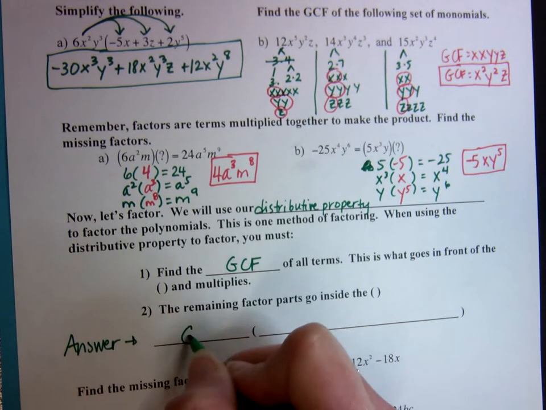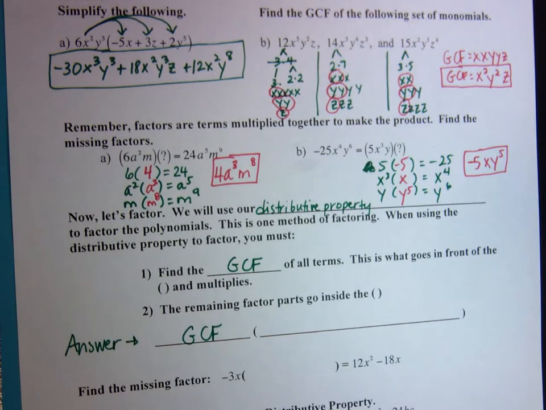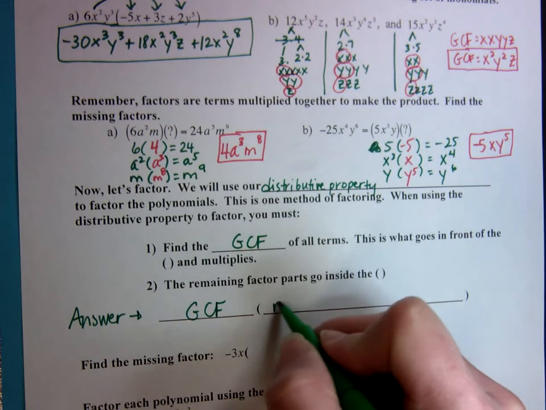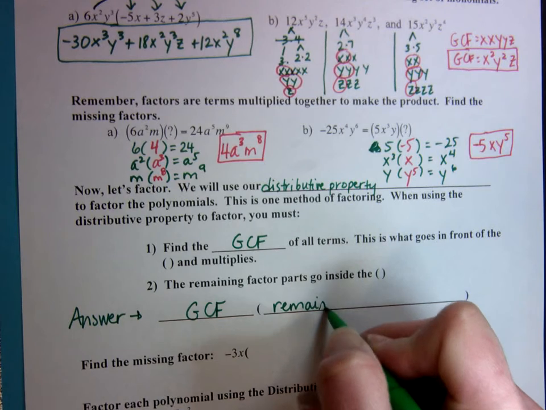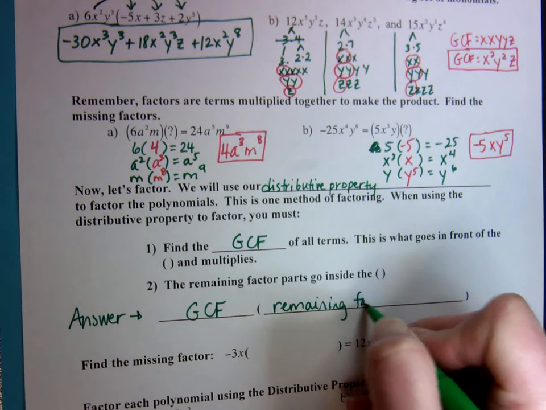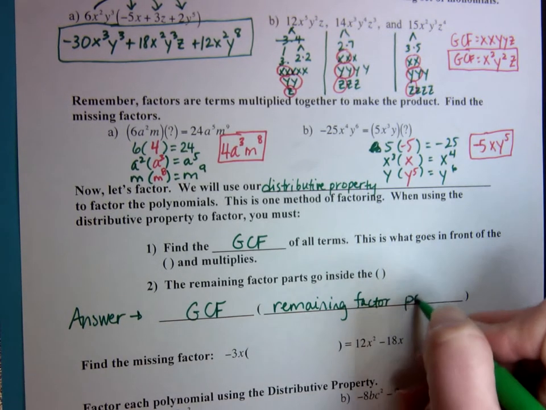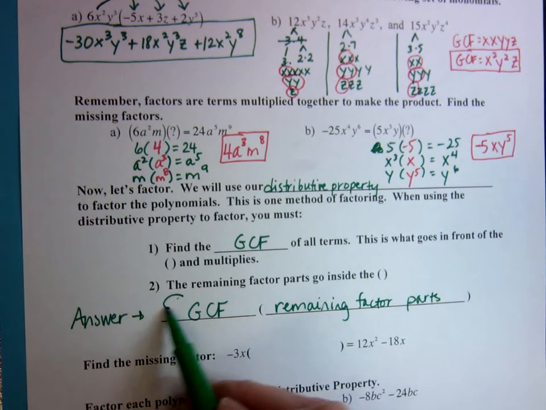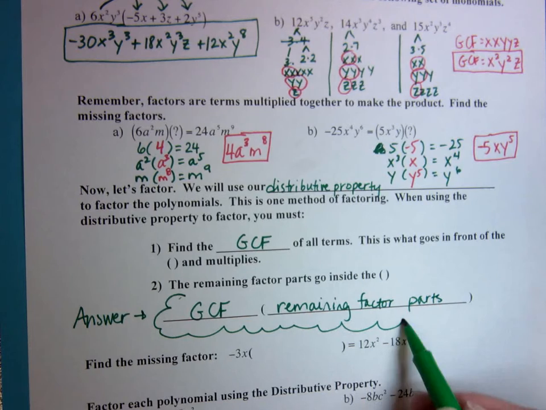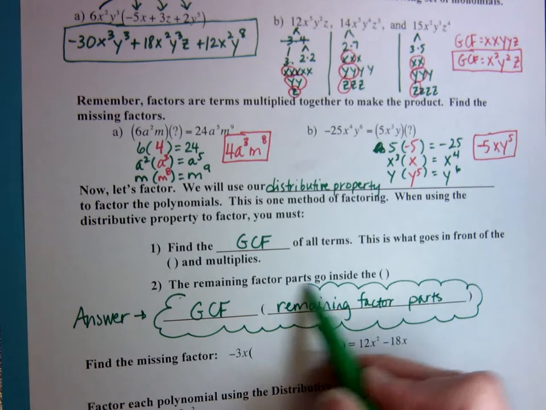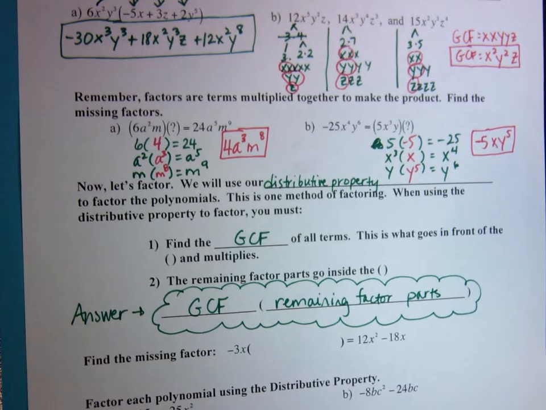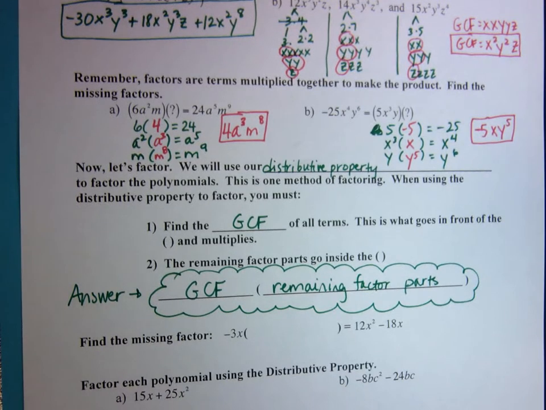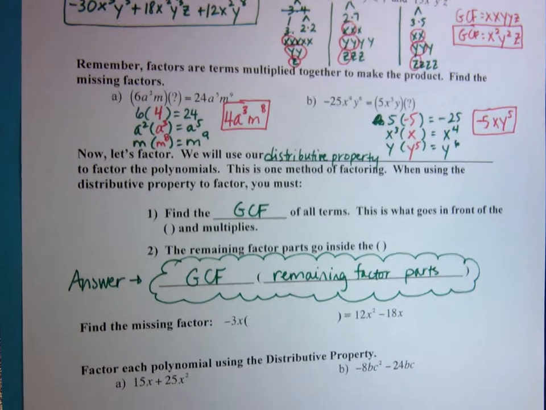You will have the greatest common factor outside the parentheses, and the remaining factor parts inside the parentheses. This is how all of your answers will look for the new stuff today.